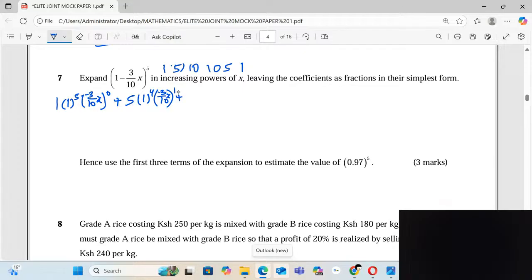Then we add the next, 10, with 1 to the power 3, multiplied by negative 3 over 10 x, where the power now increases to 2. Then plus the other 10, and 1 to the power now reduces to 2. Then negative.